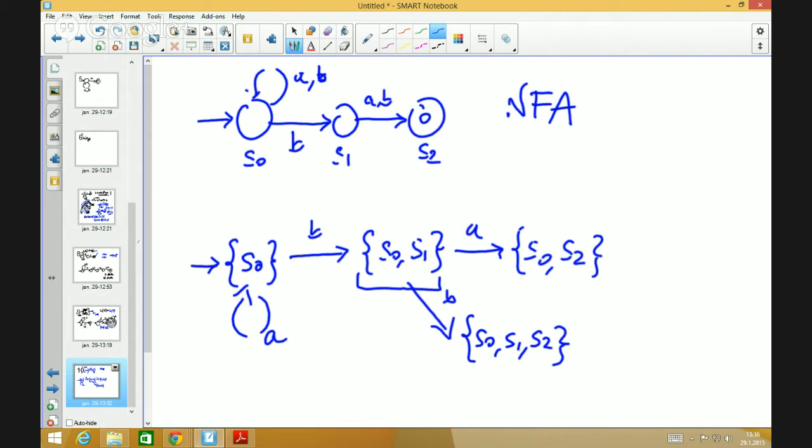If you read two Bs from S0, you could take the loop twice, and then you're in S0. Or you take the loop once, and then you go to S1. That's the reason why S1 is in the set. Or you could just escape from S0 straight away and take the two Bs one after the other. Afterwards, you would be in S2. So this set here records the fact that from S0, if you read two Bs in a row, afterwards you could be anywhere in your original NFA.